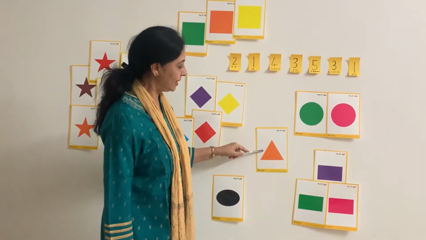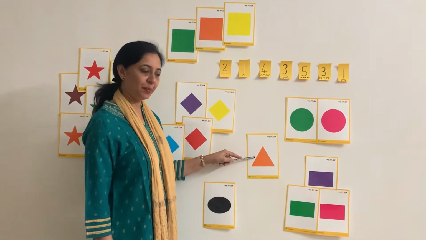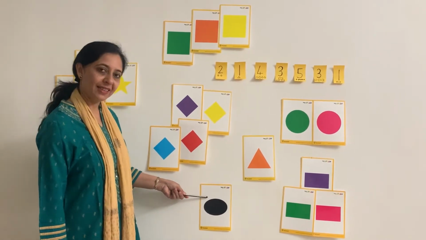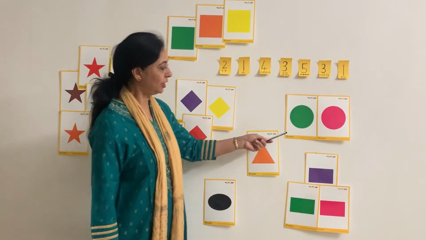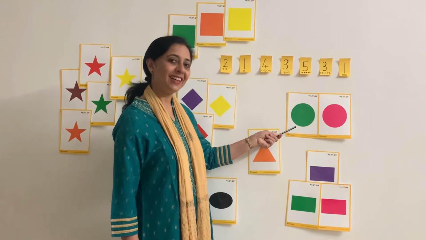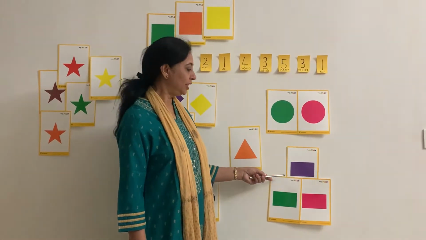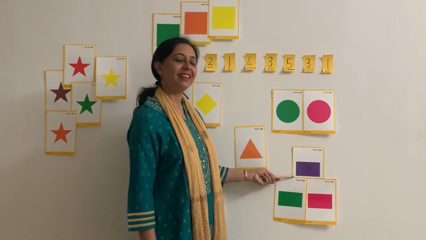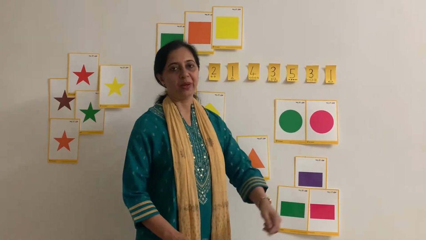Which shape is this? This is a triangle shape. Which shape is this? This is an oval shape. Which shape is this, children? Yes, it is a circle. Which shape is this, children? Yes, it is a rectangle. Very good.